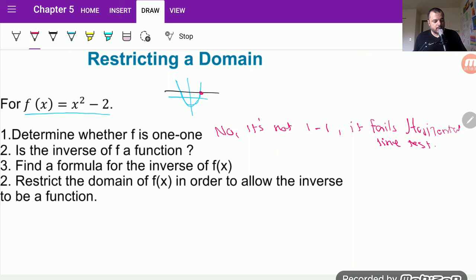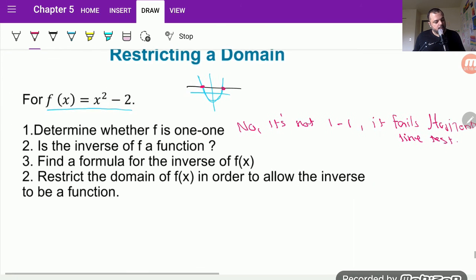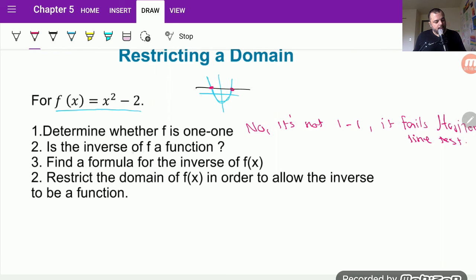By passing through the graph more than once. Is the inverse of f a function? No, it's not a function. Why is it not a function? Because f is not one-to-one.